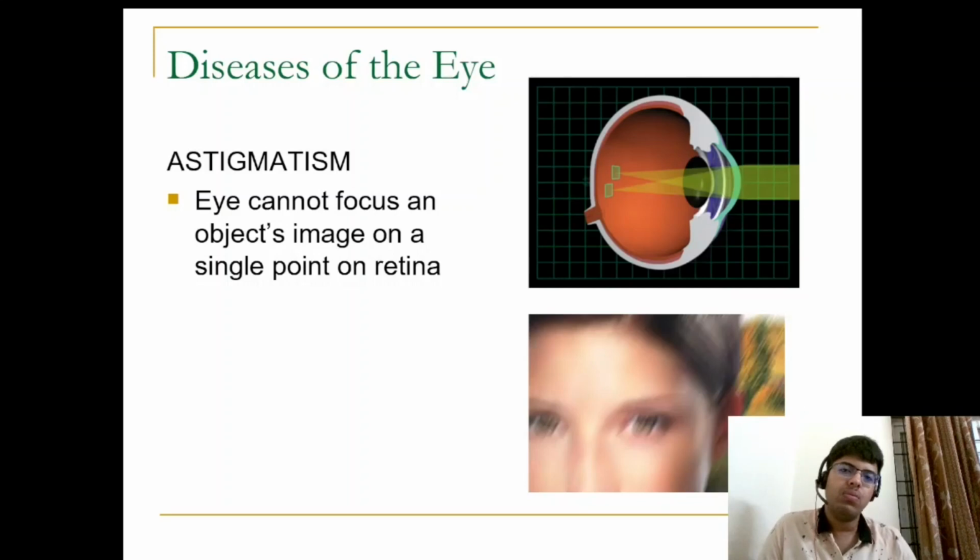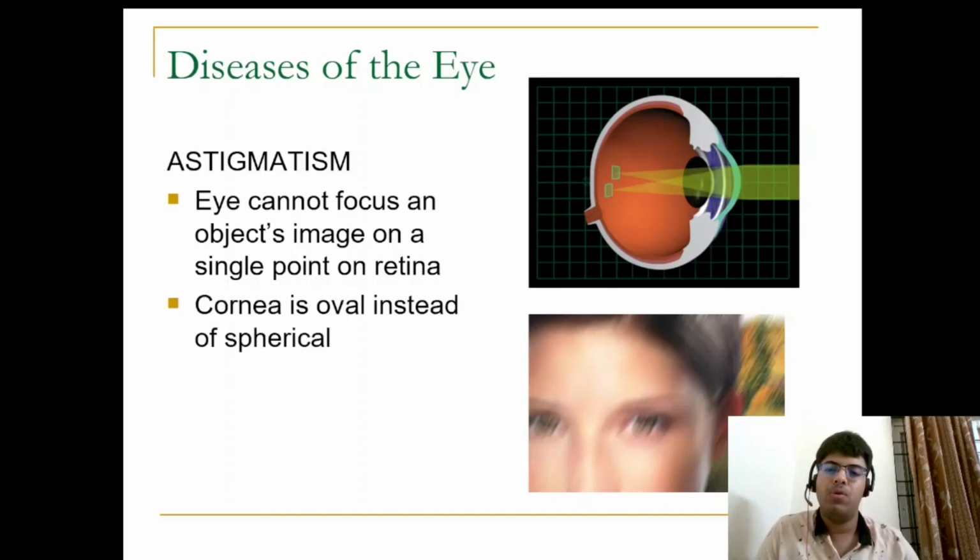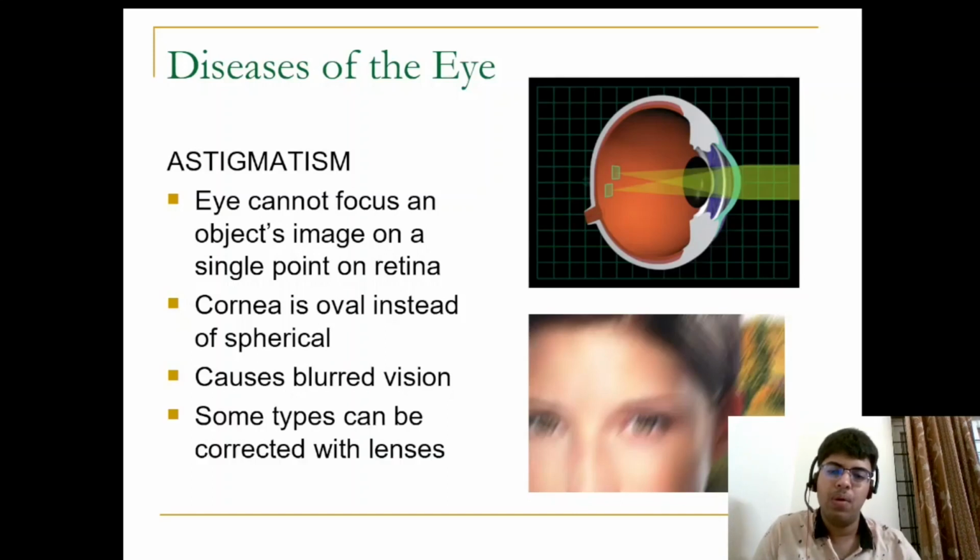Meaning, in the previous two conditions, it was focusing either too early or too late. But here the focus itself is not possible because the cornea of the person is oval instead of spherical. It causes blurred vision, as you can see in the image below. This can be corrected with some type of lenses.